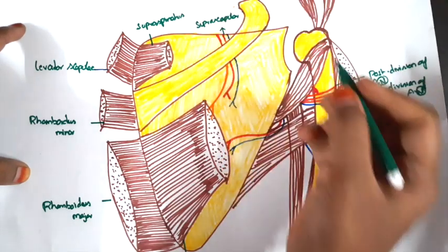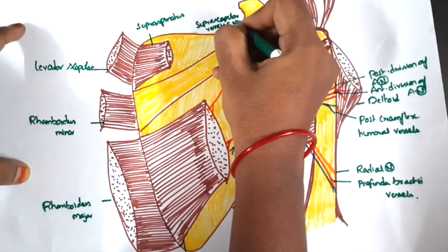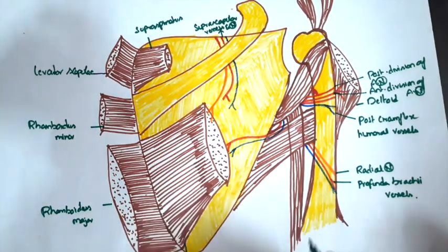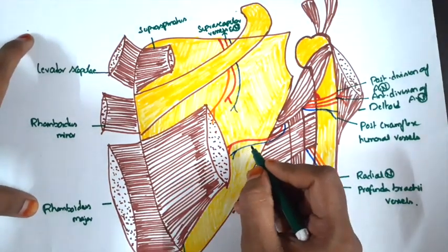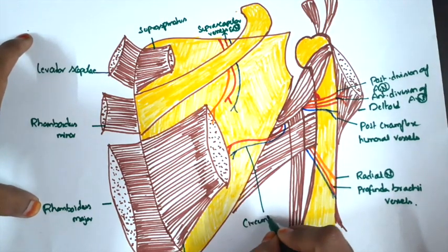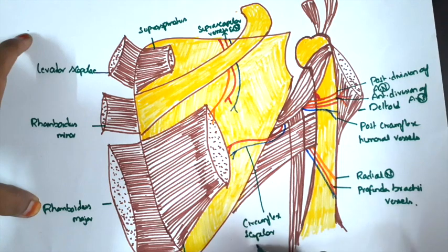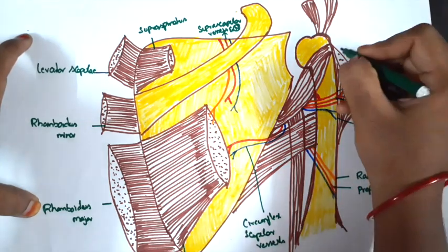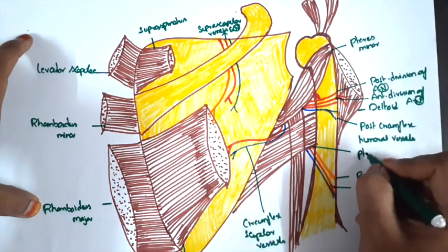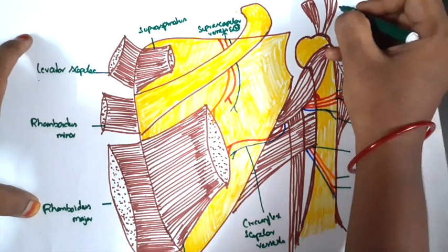This is the suprascapular vessels. And these are the circumflex scapular vessels. This is the teres minor which inserts at the greater tubercle and this is the teres major.